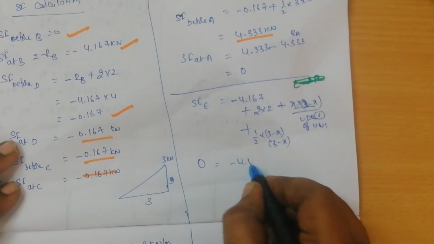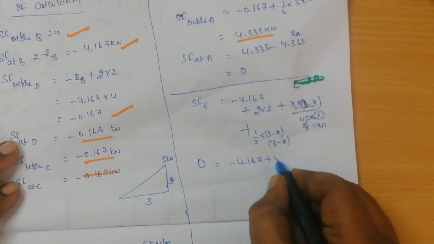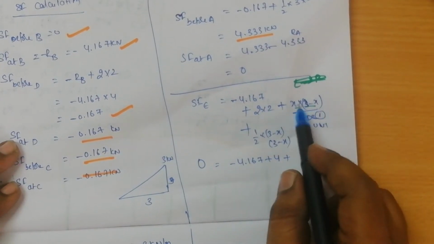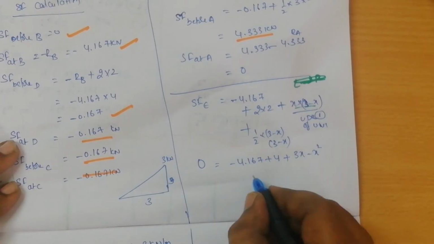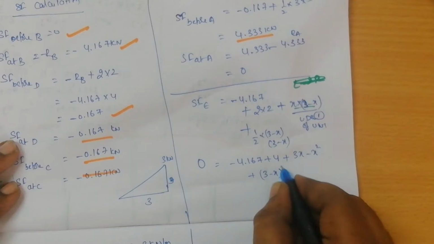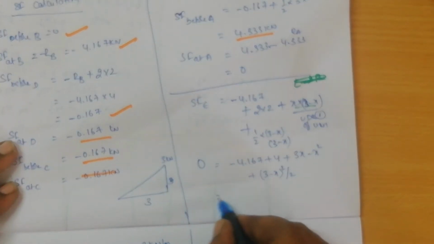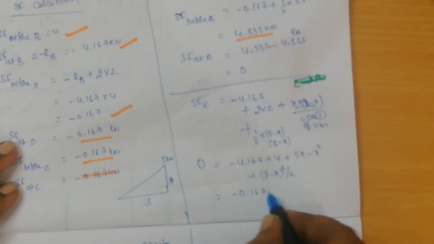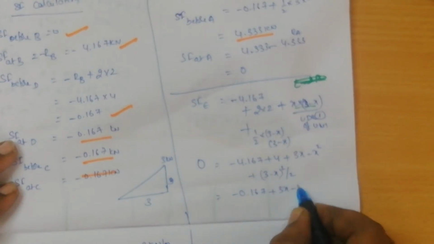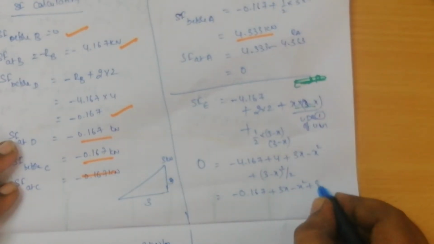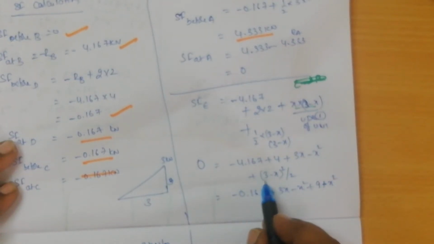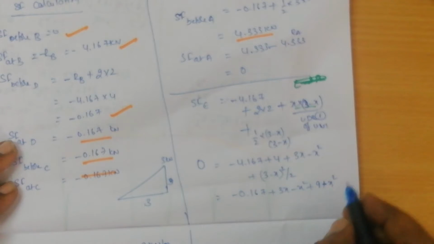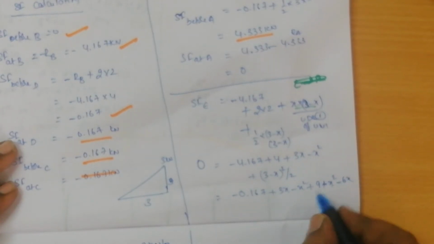That is 4.167 plus 4 minus, if you multiply this, 3x minus x square, minus the whole square of 3 minus x divided by 2. So the value for this is minus 0.167 plus 3x minus x square plus 9 plus x square, using the expansion of a minus b the whole square, a square plus b square minus 2ab, whole divided by 2.